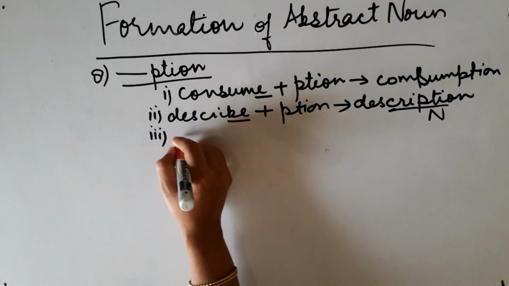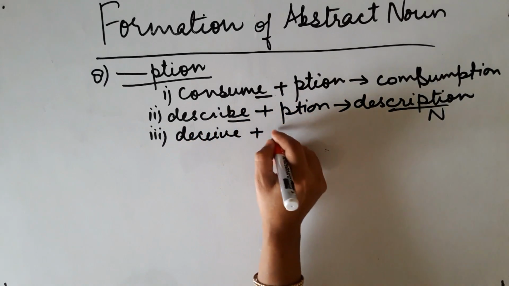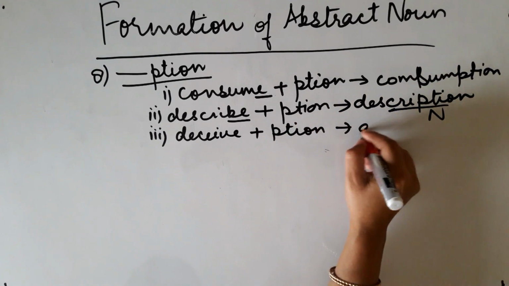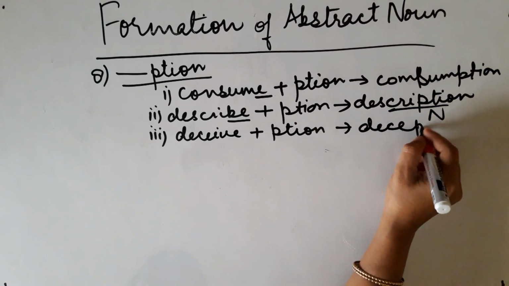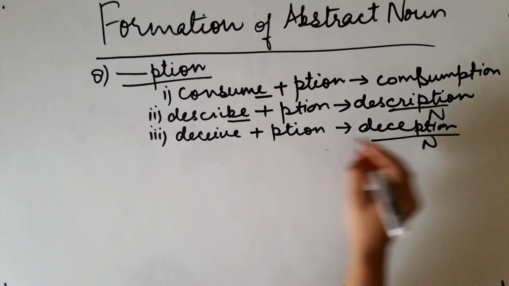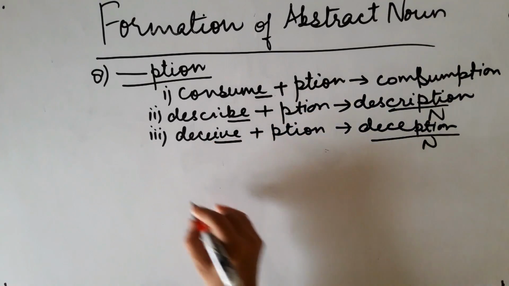Yet another word is deceive. We add p-t-i-o-n and it is changed into deception. So how is this changed into deception? Here we will replace i-v-e.